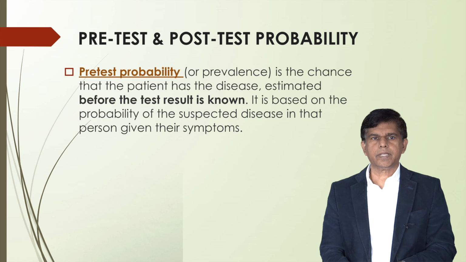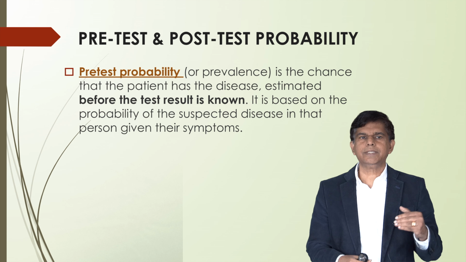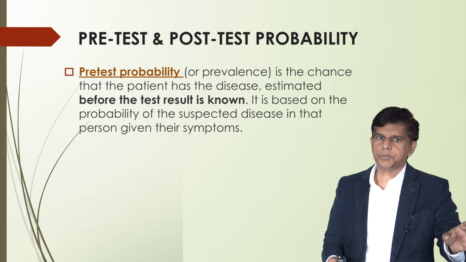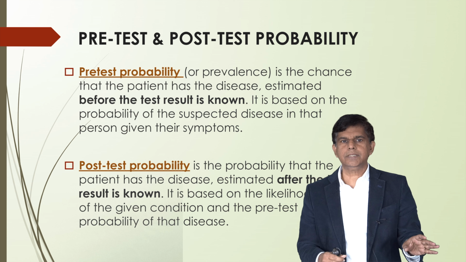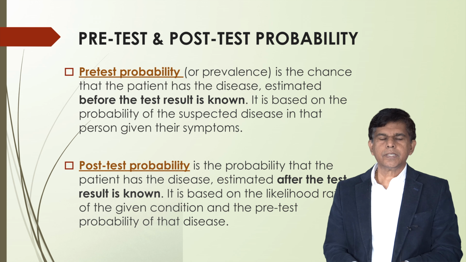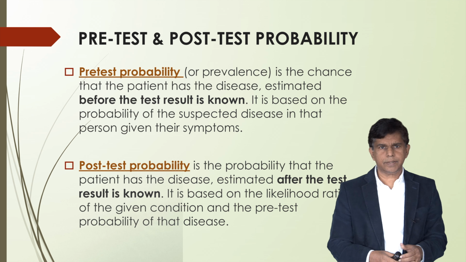Remember that. Next, we have to convert this pretest probability into a post-test probability using the likelihood ratio. That is the probability that the patient has the disease, estimated after the test results are known.